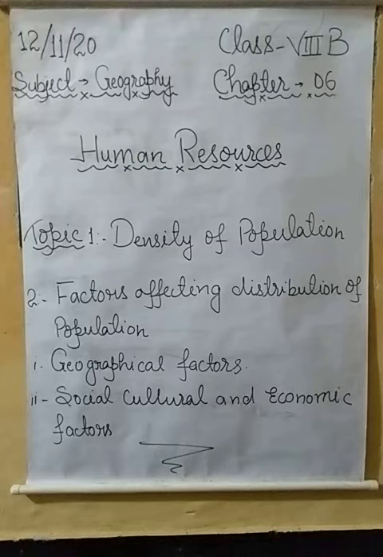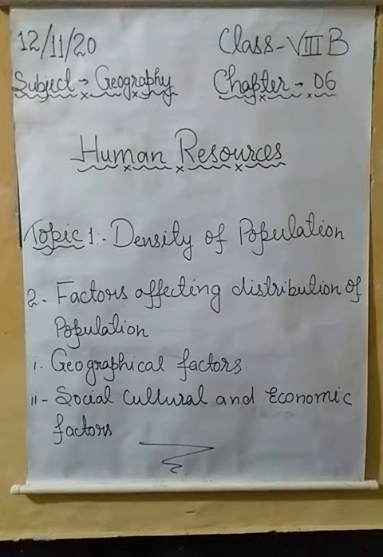Okay, all right. After that, your next topic is factors affecting distribution of population. My dear students, as I told you in my previous explanation, there are a number of places all over the world where people live in very small numbers, and some parts of the world where people live in very large numbers.